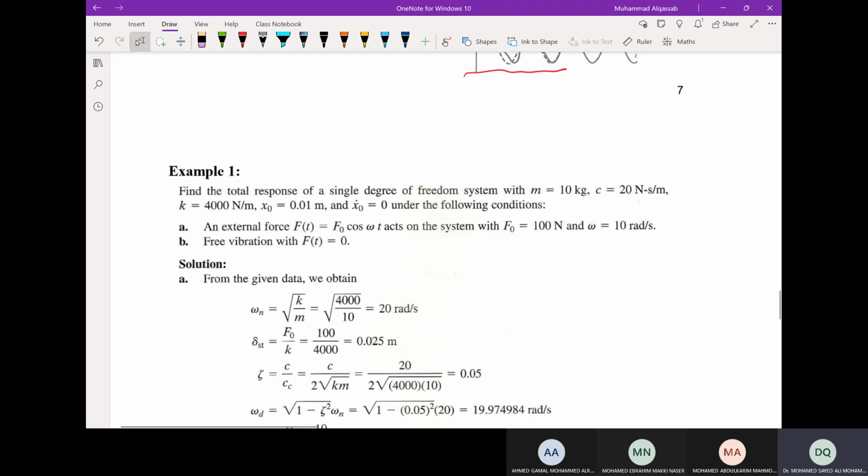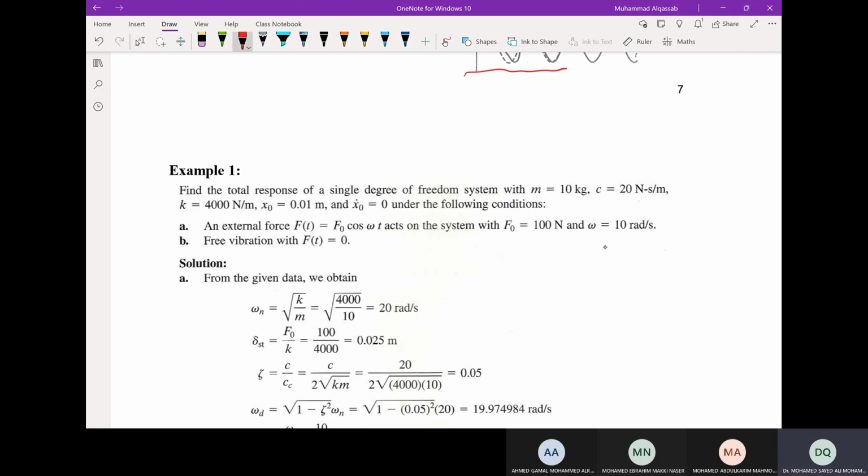Okay, now we'll have an example of an underdamped system. Find the total response of a single degree of freedom system with M equal to 10 kilograms, C equal to 20 Newton second per meter, K equal to 4,000 Newton per meter.